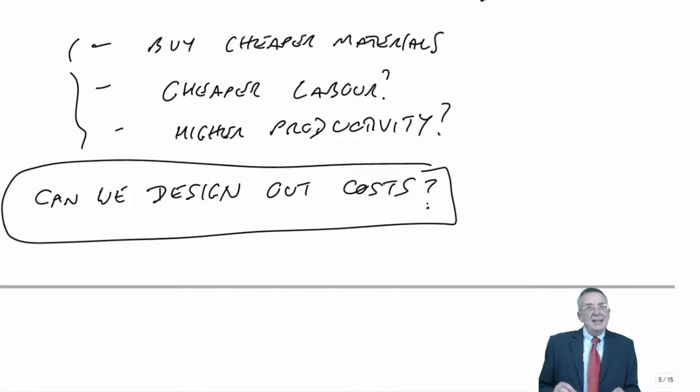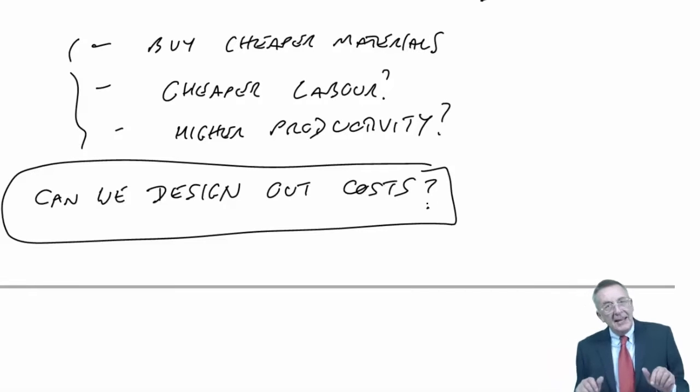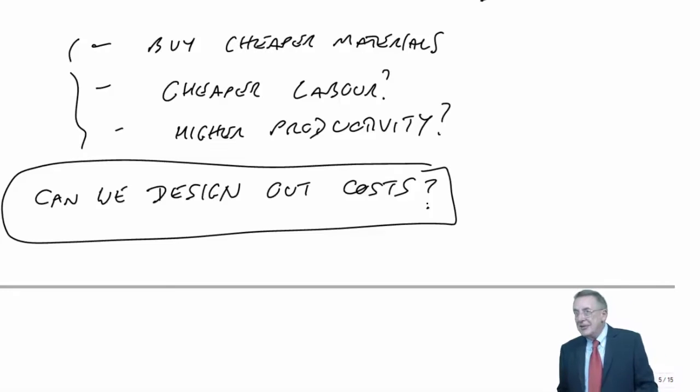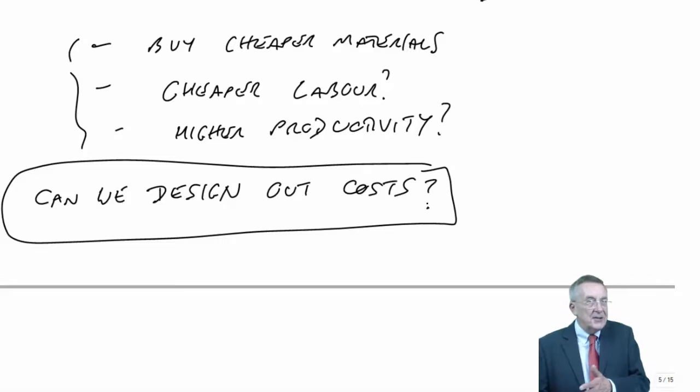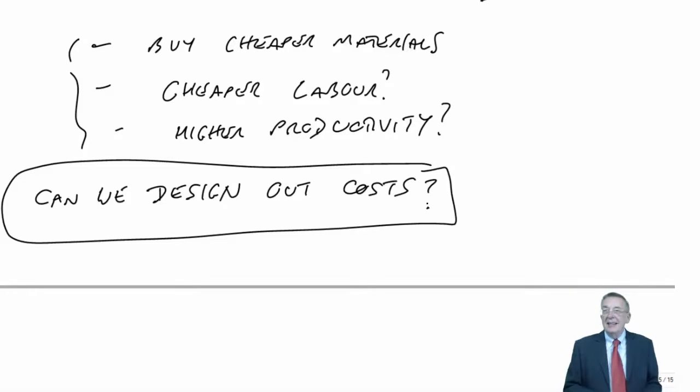Well, do we need all 20 screws? Maybe we could get away with only 18 screws and the desk would still be stable. And a customer won't notice, it'll look identical, it'll work in the same way. But if we could look at the design and say, well, do we really need 20 screws? No, we can have 18. It may only be a tiny saving, but it'd save us a bit of money.